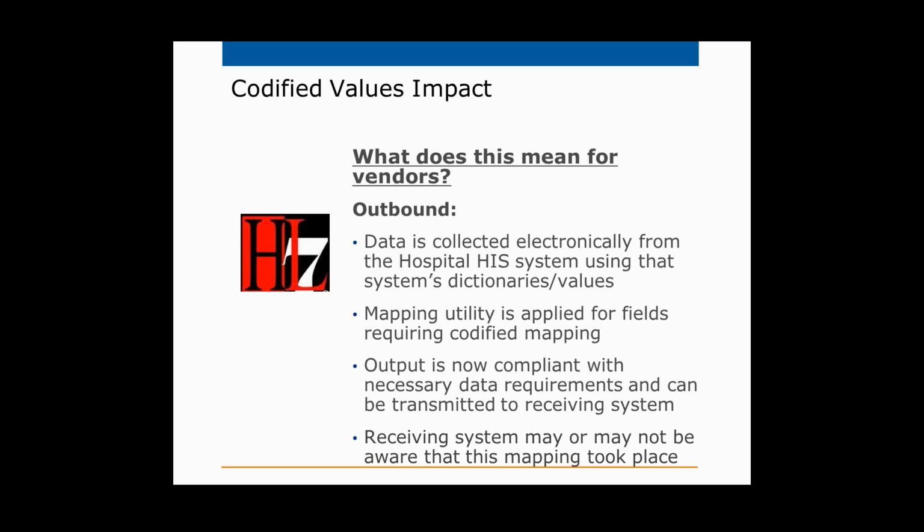An important point is that if a map is used to take, for example, a Meditech pharmacy drug mnemonic and produce a value that is a codified drug so that it's 2.5.1 compliant, the system that receives that might not even know the mapping took place. They're probably not even going to get the Meditech value.